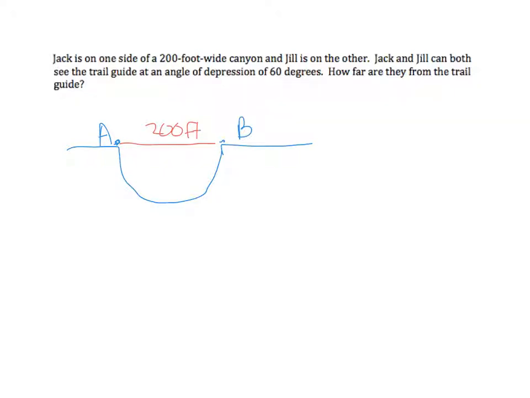So if we put the guide down here, then we can draw in these sight lines. That's the guide. We'll just call her C. So that means that 60 degrees is in here and 60 degrees is in here.